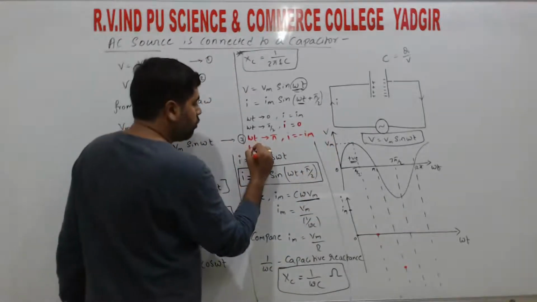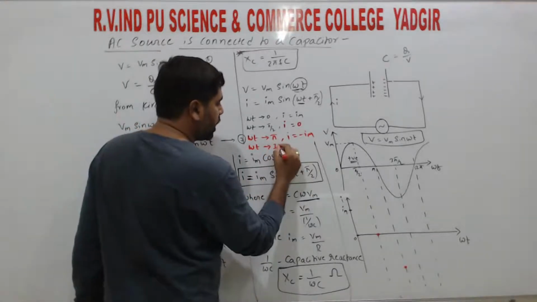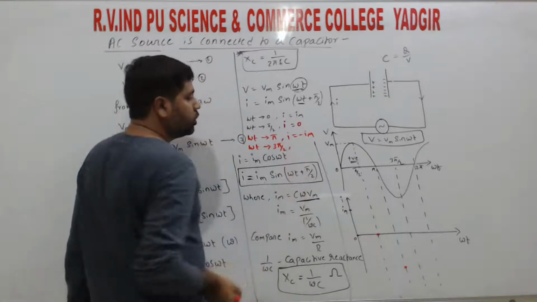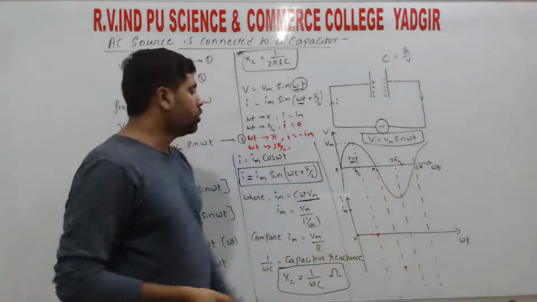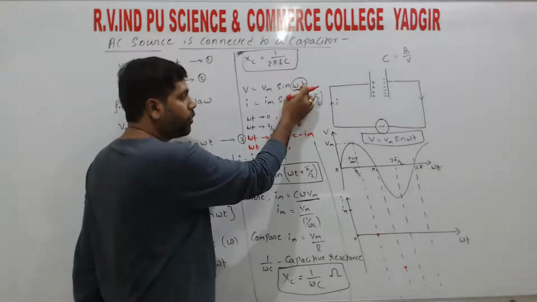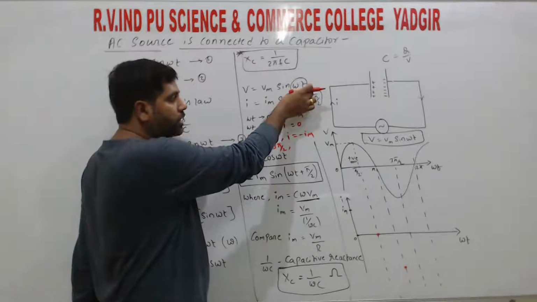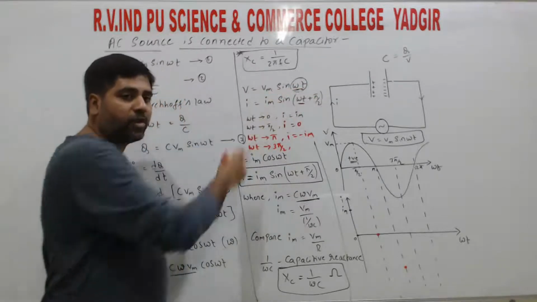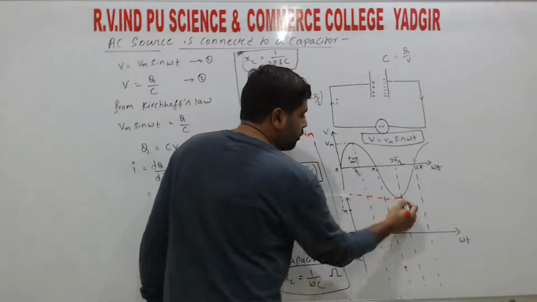Next, omega t equals 3 pi by 2, that is 270, after 180. Sin 270 is minus 1, minus 1 into Vm gives minus Vm. So here we get minus Vm.